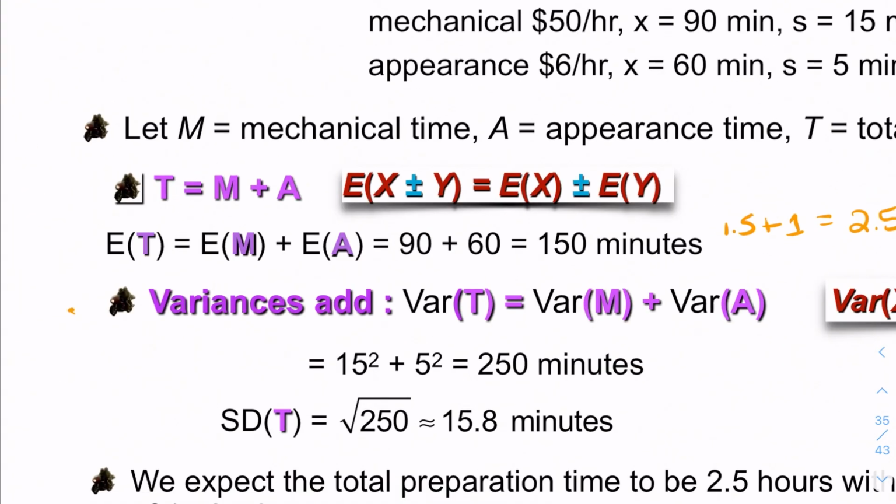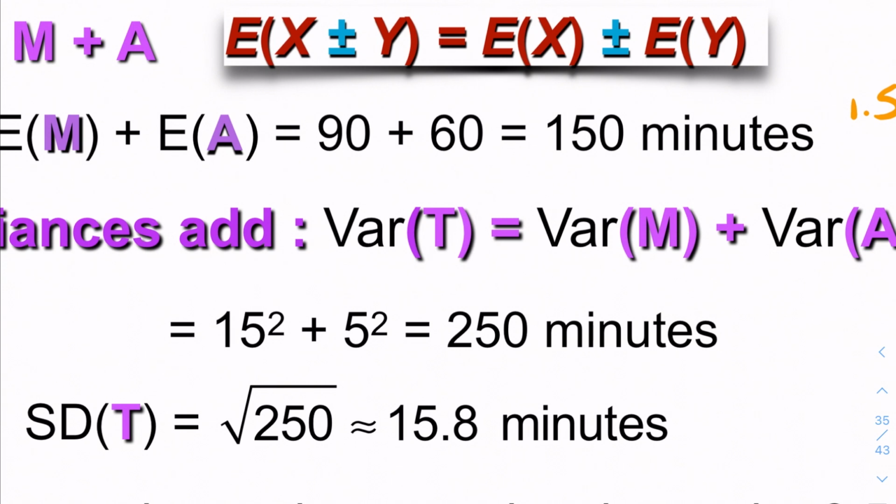With variances, and knowing that variances add, we first have to square the standard deviations. So the first one was 15 minutes for the mechanical work was our standard deviation, so we square that. We square 5, we add those up, we get 250 minutes, and we get 15.8.